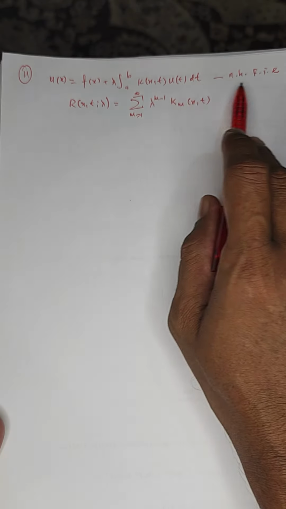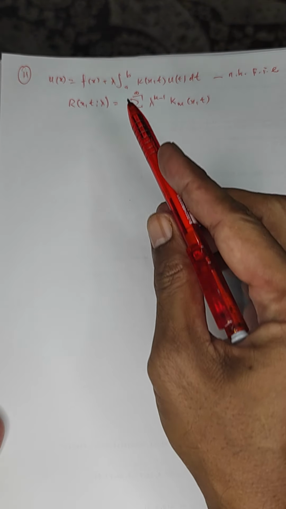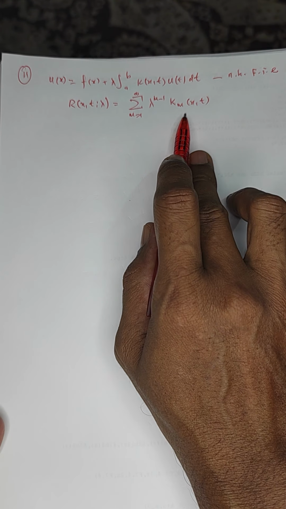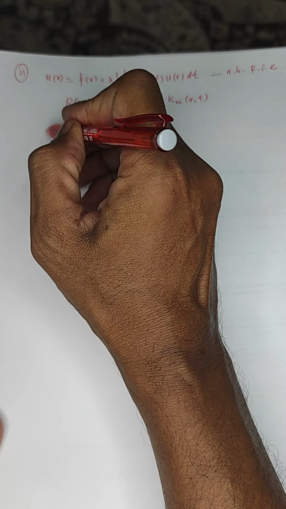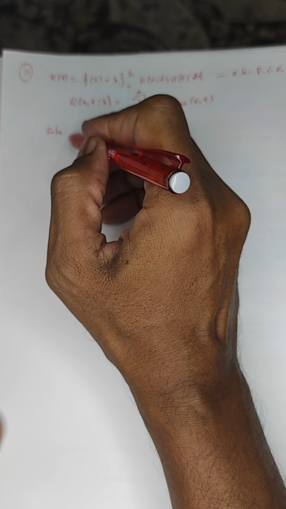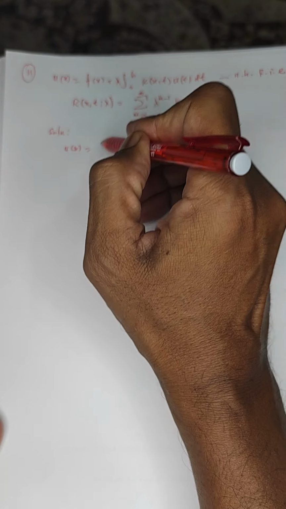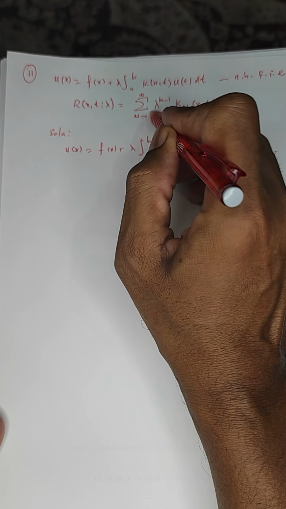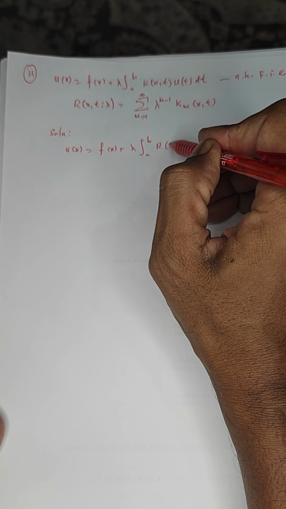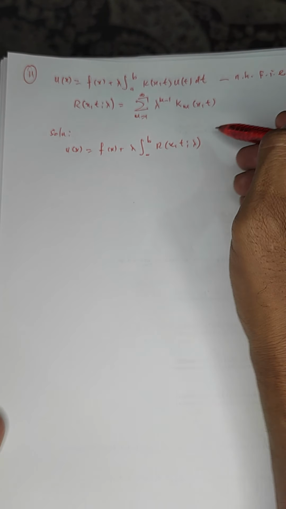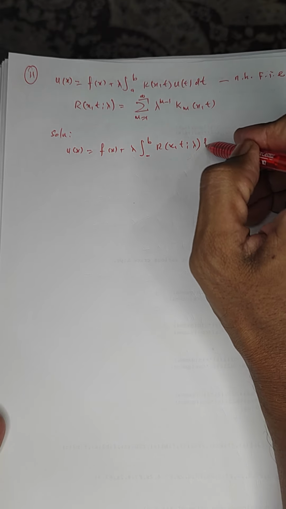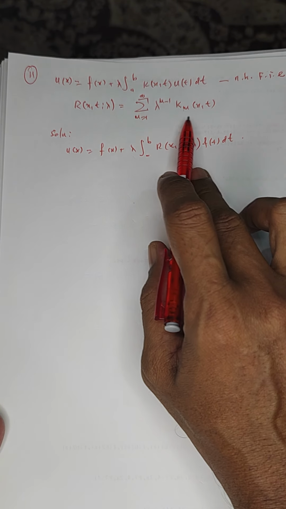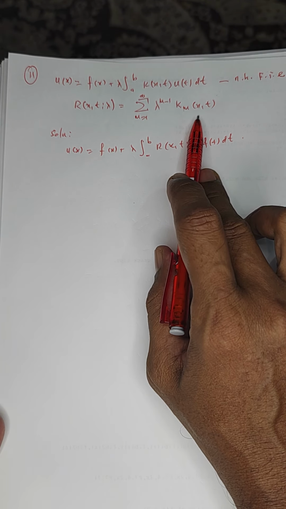Once we can find the resolvent kernel, the solution of the non-homogeneous Fredholm integral equation can be written as u(x) equal to f(x) plus lambda integral from a to b of R(x,t;lambda) f(t) dt, where K_m is the iterated kernel.